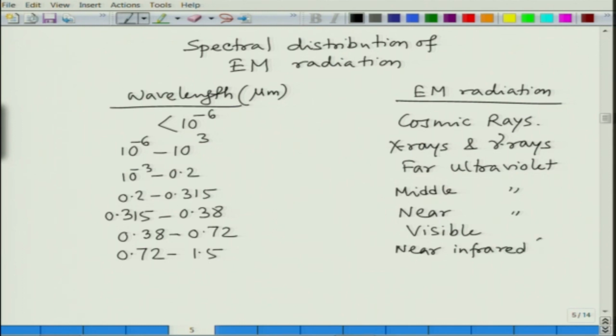Infrared is often also called IR, and ultraviolet is called UV.